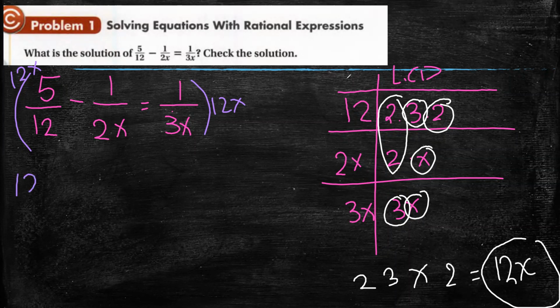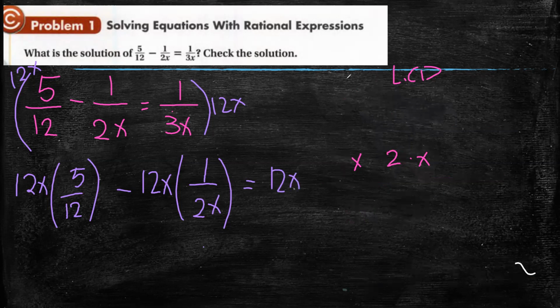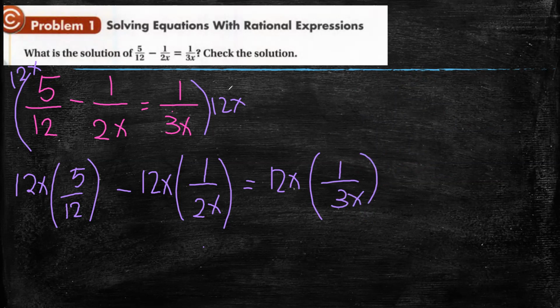First, multiply 12x by 5 over 12, minus 12x by 1 over 2x, equals 12x by 1 over 3x.